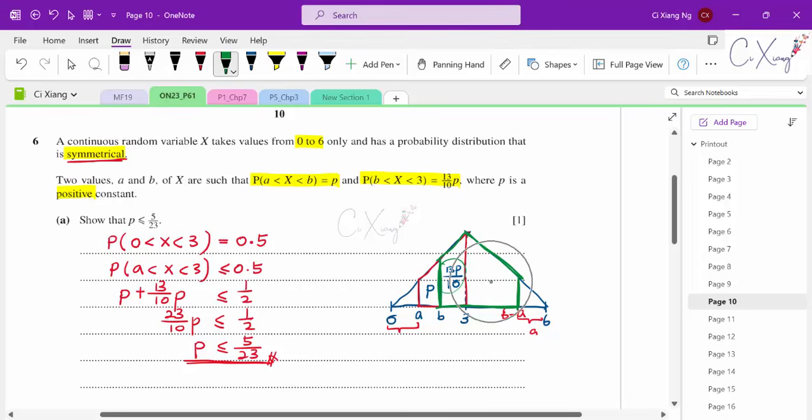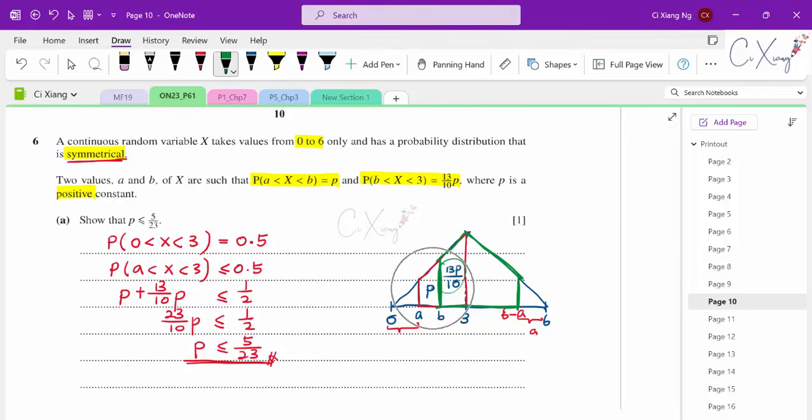If you are aware of the symmetrical characteristic of this distribution, this area and the red color area are actually the same. So this whole area here is actually equals to P plus 13P over 10, because they are symmetrical, so this area is equals to what we have in front here.